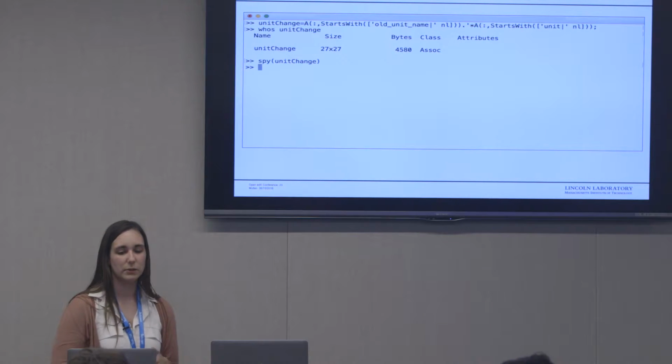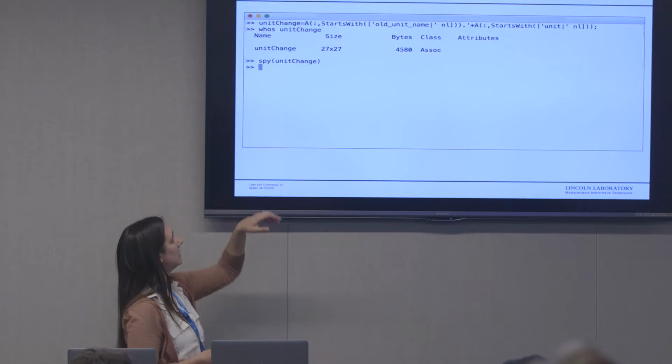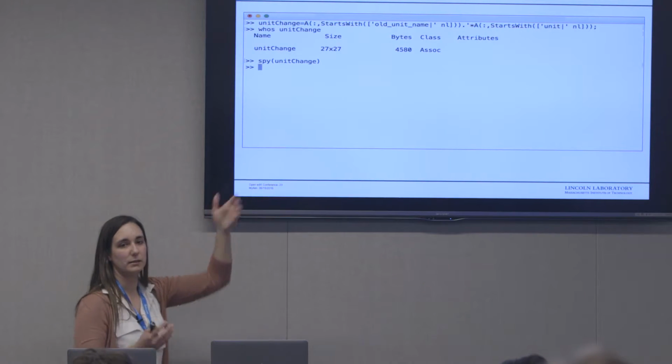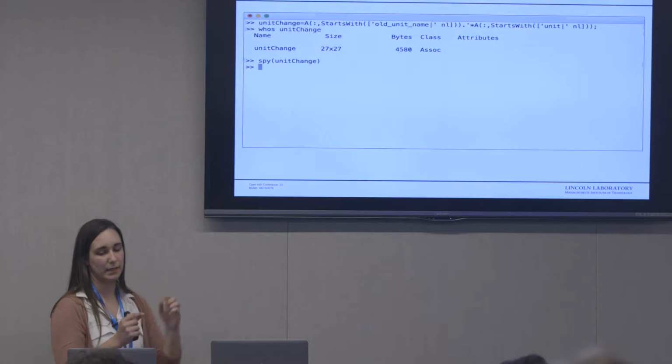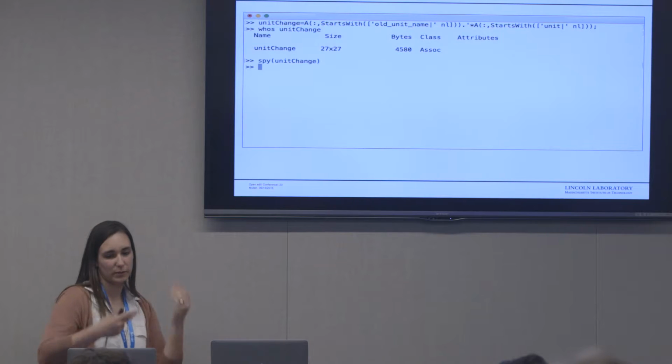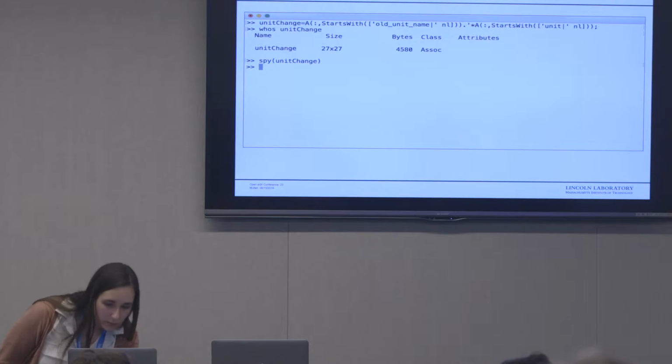Now, the first thing we're going to do is create that unit change graph that I talked about before. You can see there are 27 by 27 units, so there are 27 total units in the course, and it's a symmetric matrix. That makes sense for the most part. Then this is what it looks like.